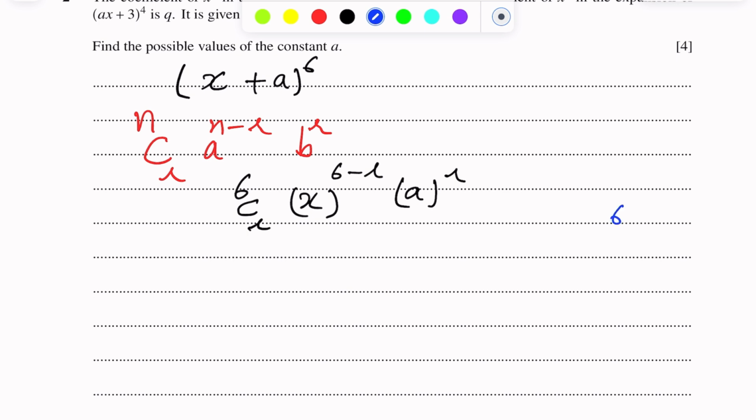From here r is equal to 2. Putting here the values, 6C2 x^(6-2), that is x^4, a^2.